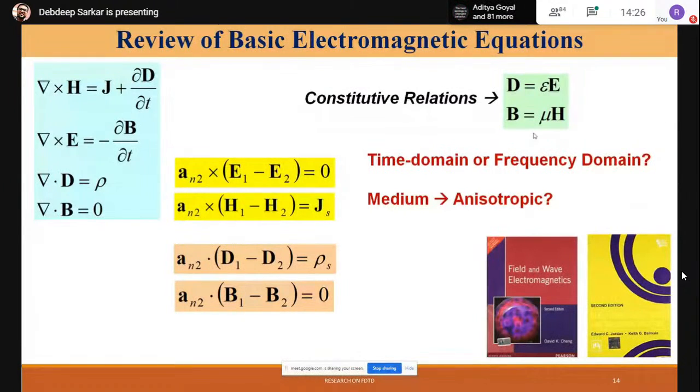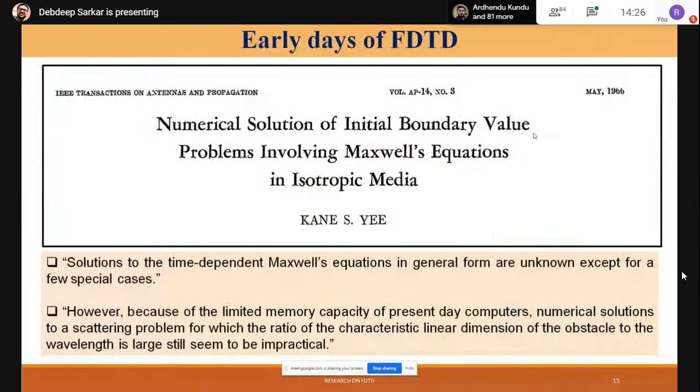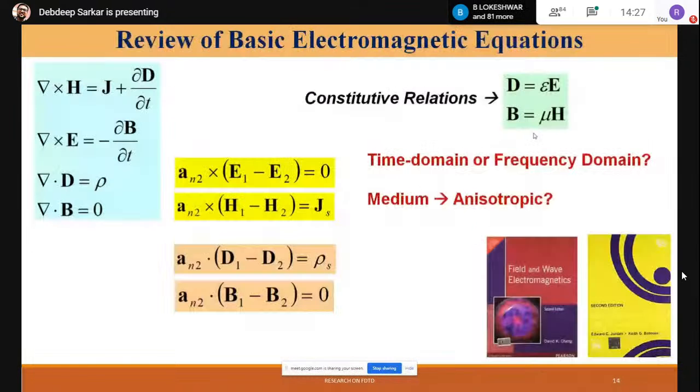Just to acknowledge that things get complex, but trust me, I will not go into those complex domains today. I'll be working on how to formulate these FDTD equations based on the knowledge of Maxwell's equations, how to interpret the results, and how to model various things using the constitutive relations and the knowledge of boundary conditions. So these things will be apparent.